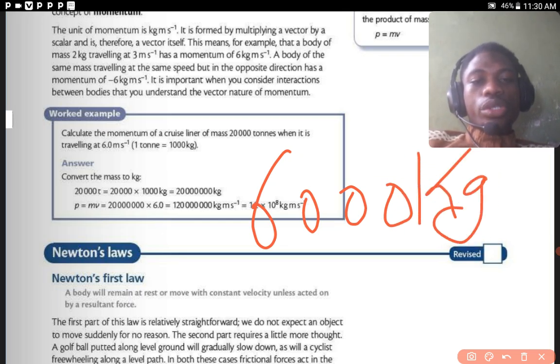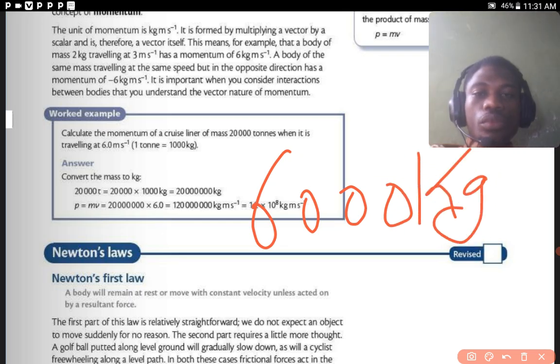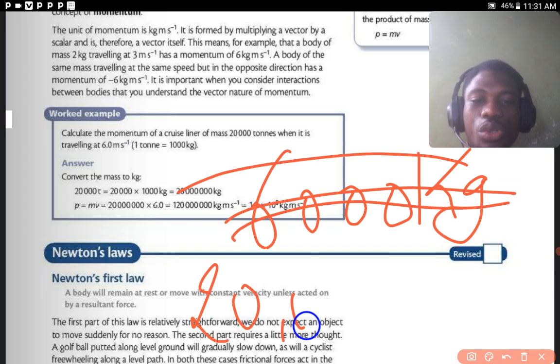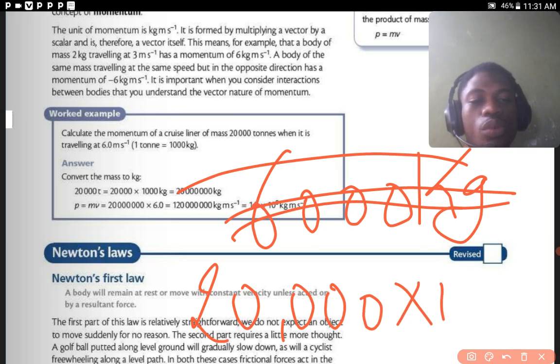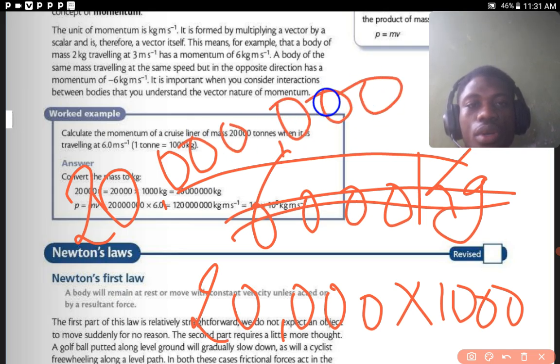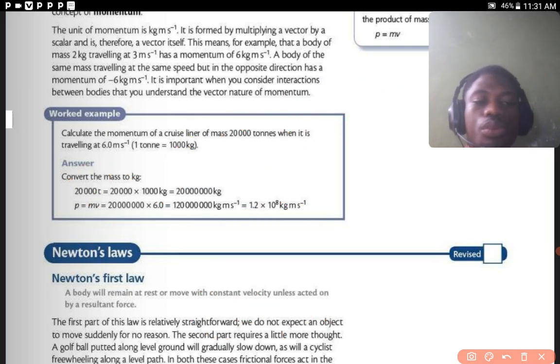The next is a mass of 20,000 tons. So 1 ton is 1000 kilogram, which makes 20 million kilogram.